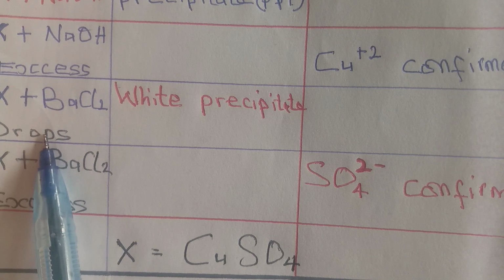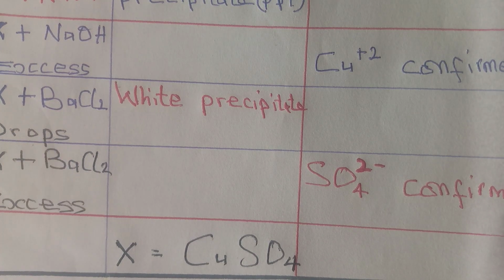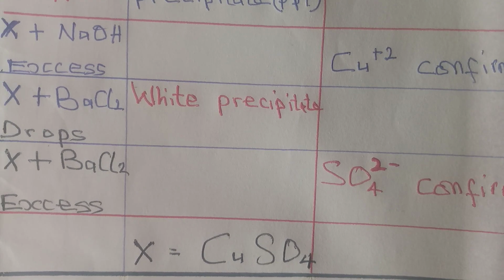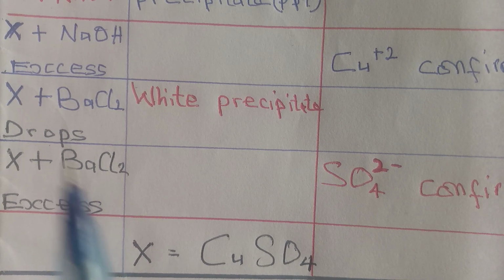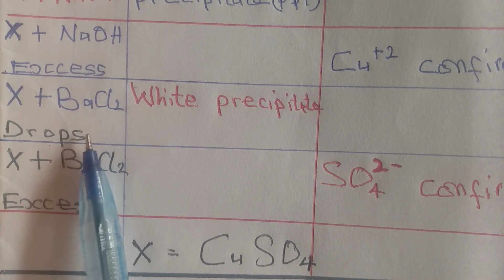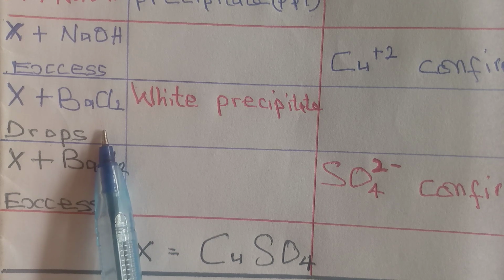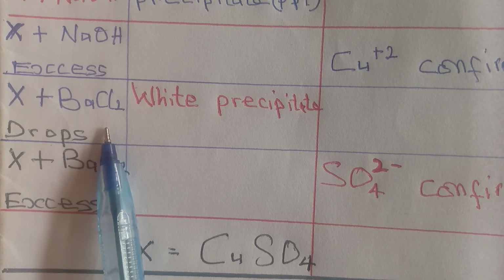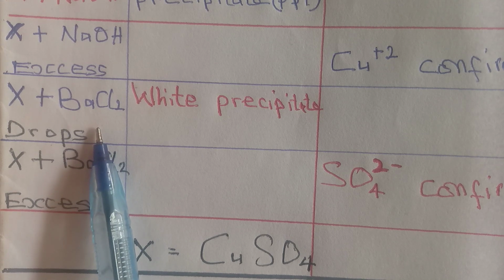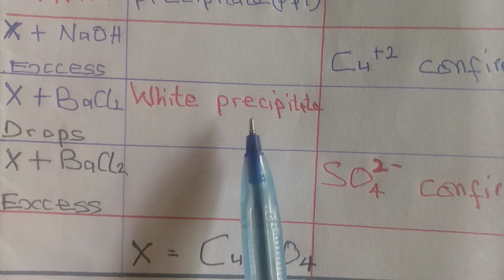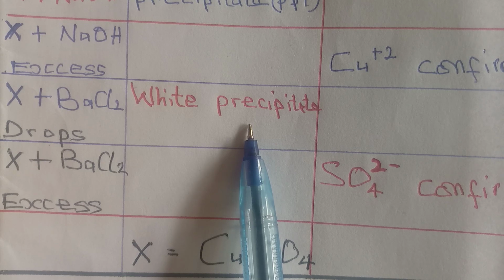Then the latter portion of substance X now reacted with barium chloride in drops. And you recall that in this state, you acidify the solution with dilute HCl. The function of the dilute HCl is to prevent the precipitation of other ions. I didn't bother writing the HCl here. Now, under the observation, we were told that white precipitate was formed.